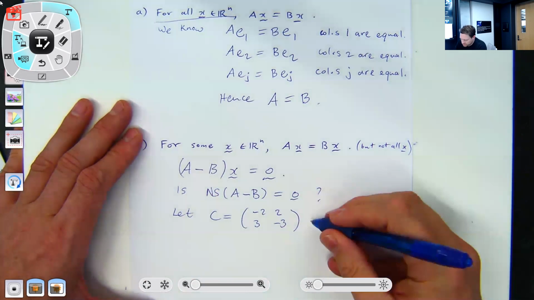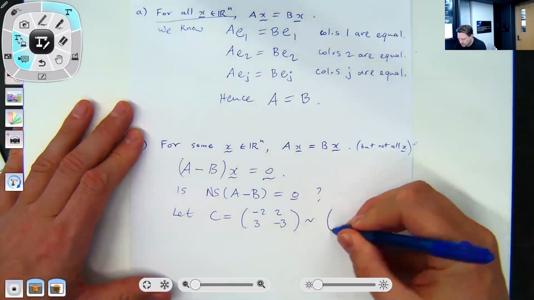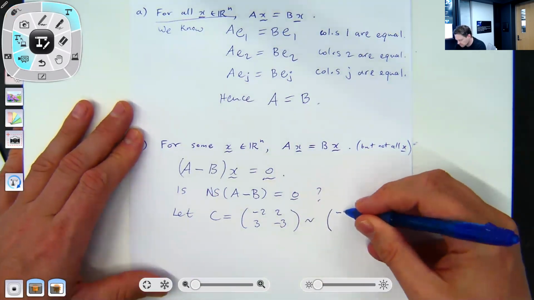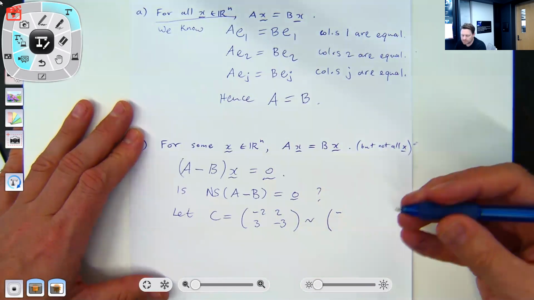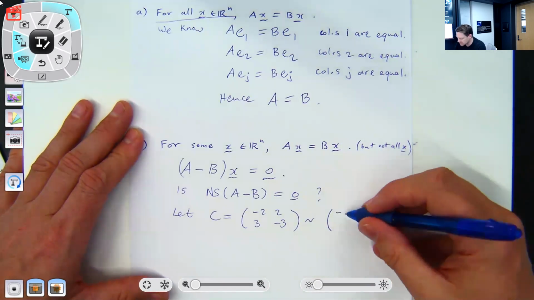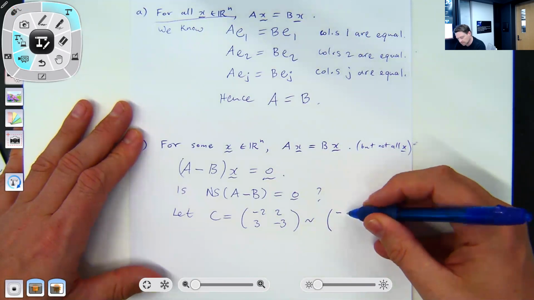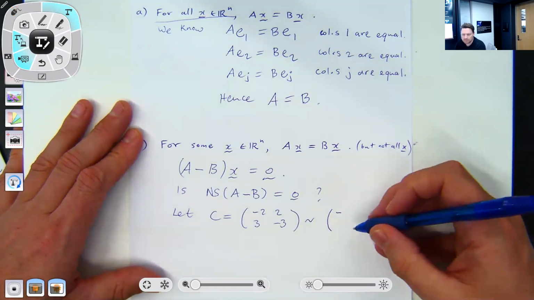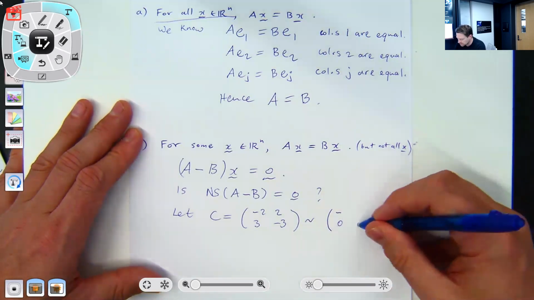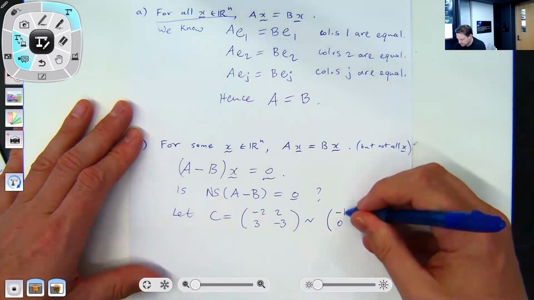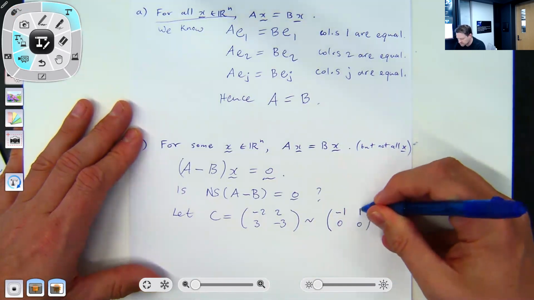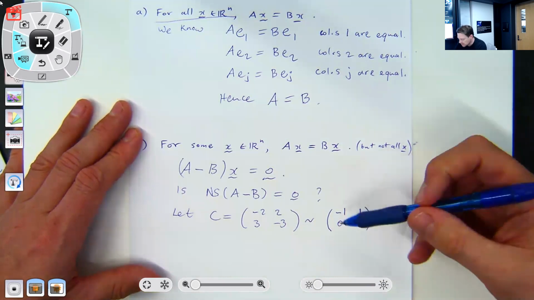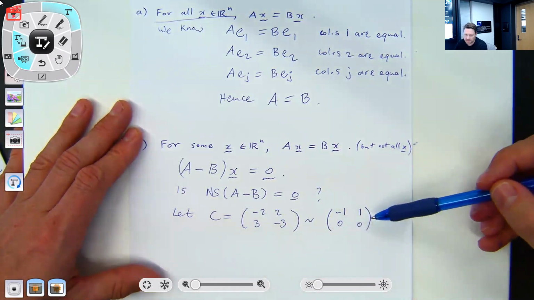So if we row reduce this, well, this is not completely row reduced, okay? So what I'm doing is subtracting a multiple of the second row from the first, and I'll put zeros down there. And then here I'll just put minus 1, 1. Okay, so it's not totally row reduced. So in the first row, I've just divided throughout by 2.